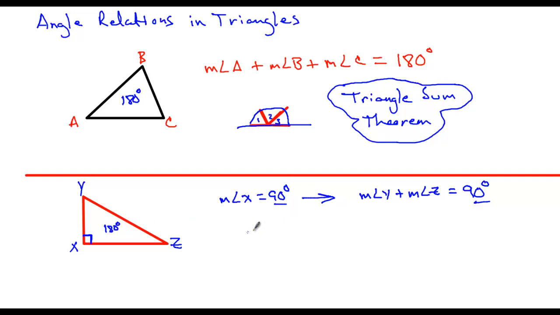So this is something you can use in your proofs, and a thing that you need to know is that the acute angles of a right triangle are complementary. This should make sense, right? If I take this angle, angle Z and angle Y, add them together, they got to equal 90.